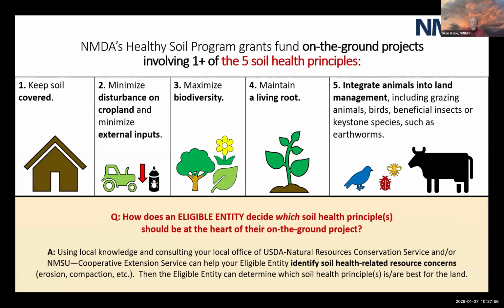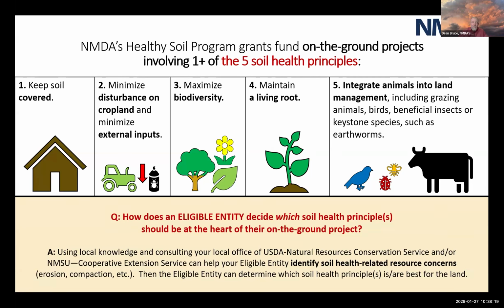Number one, keeping soil covered. Number two, minimizing disturbance on cropland and minimizing external inputs. Number three, maximizing biodiversity. Number four, maintaining a living root. And number five, integrating animals into land management. This includes grazing animals, birds, beneficial insects, or keystone species such as earthworms.